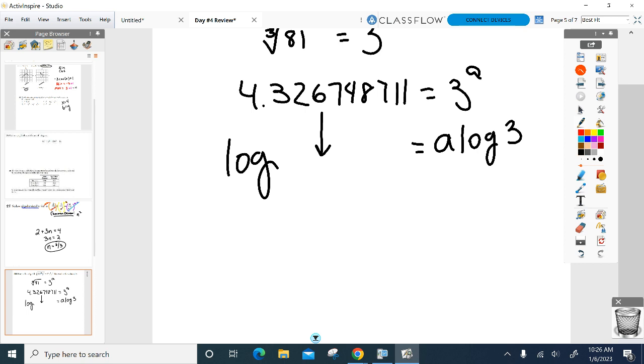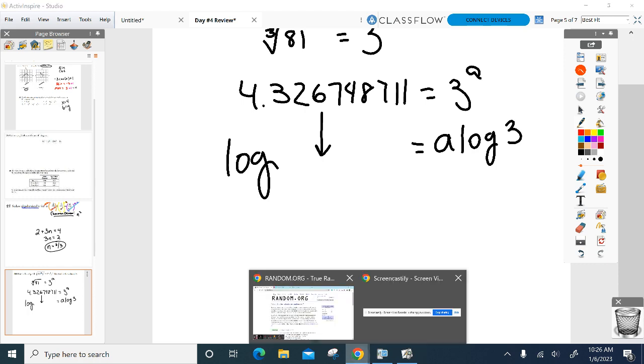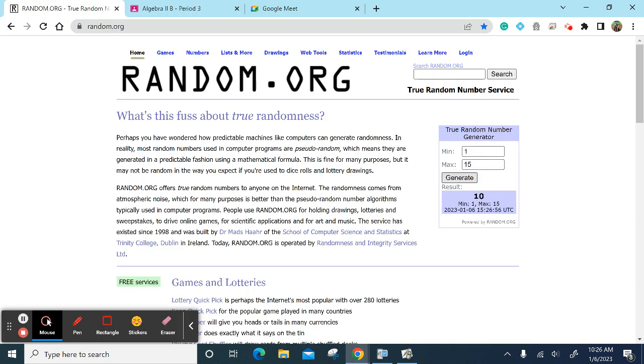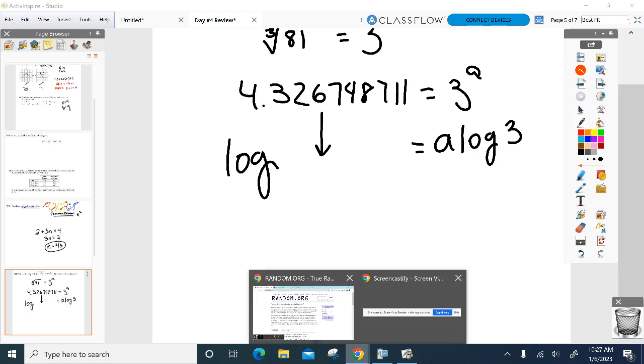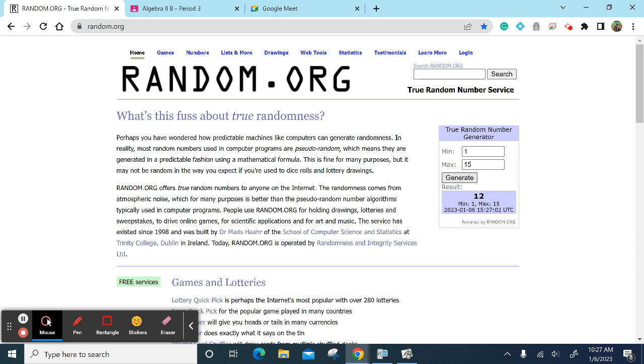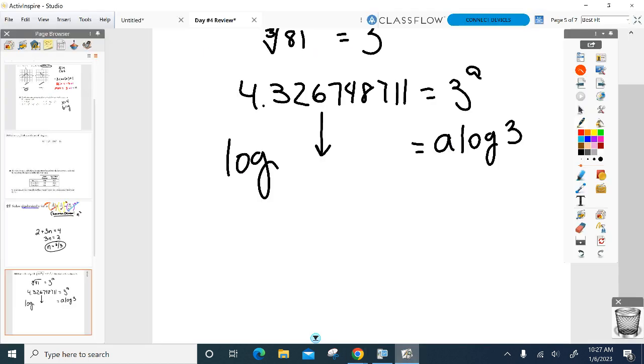You're solving for a. What do I have to get rid of and how? The 3.